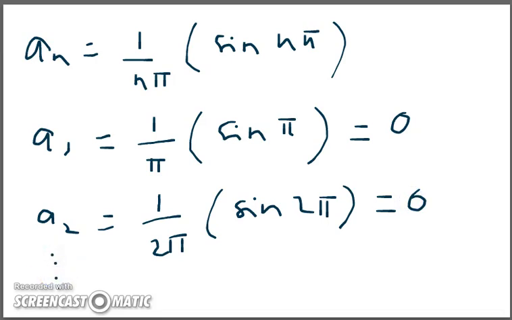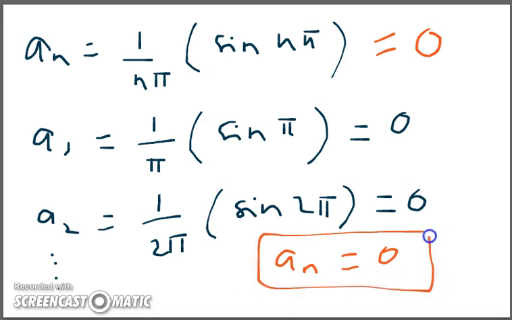If we replace the value of n with 3, 4, 5, 6 and so on, we also get 0. So we can conclude that an equals 0.